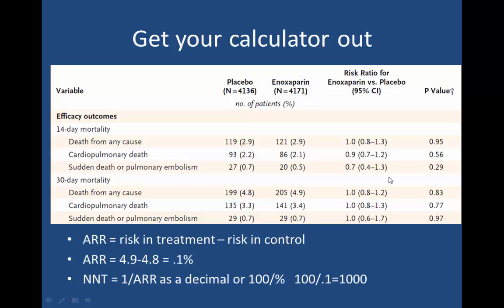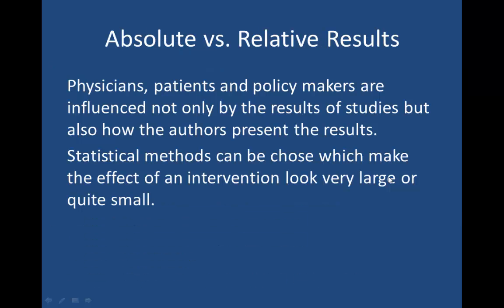If I look at pulmonary embolism, if I did my math, it's going to be basically 0.7 minus 0.7. And so I end up with 100 divided by 0, and I can't do that. So I really can't even do the number needed to treat here. There's no reason to treat because there's no difference.